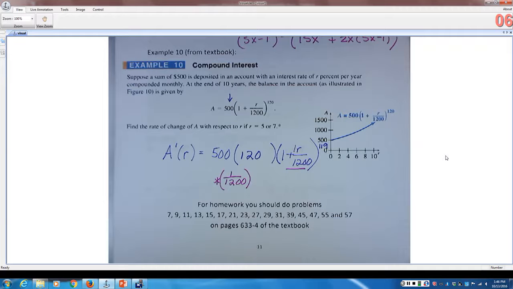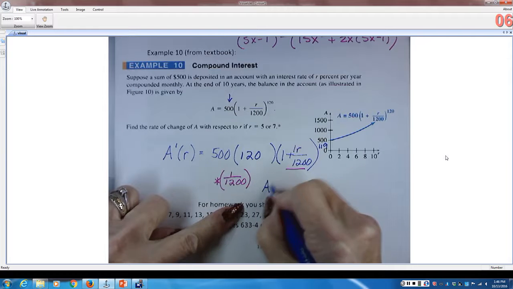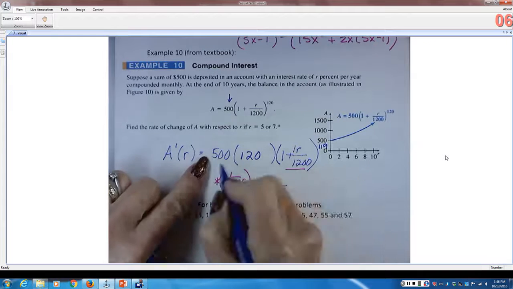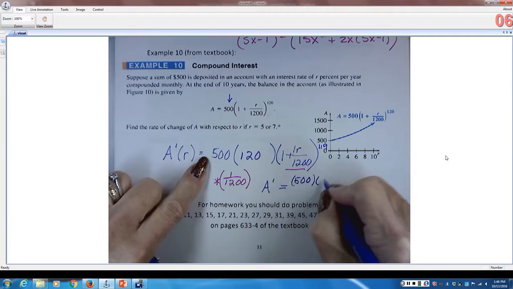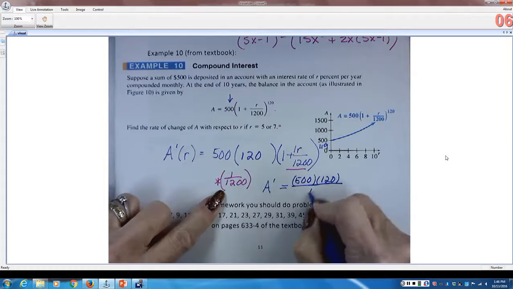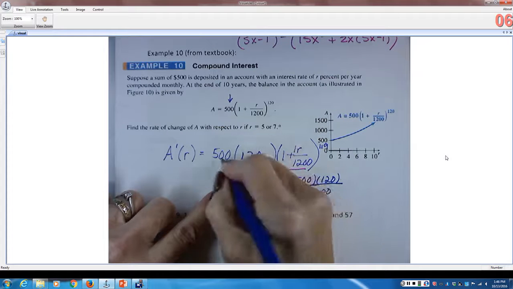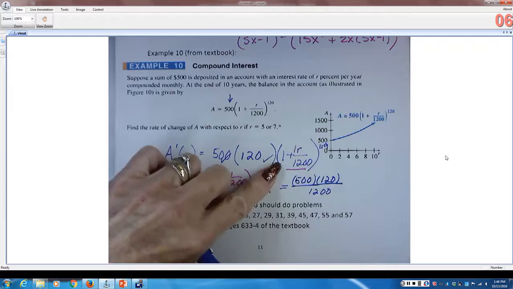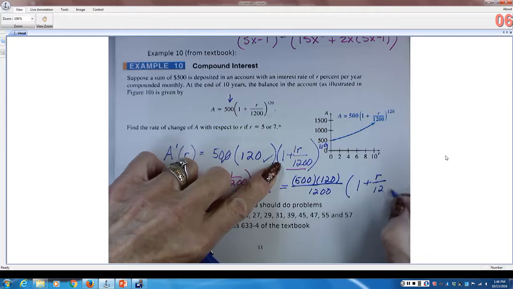And that derivative is going to be, let's see if we can get it all together here, 500 times 120 over 1200 for this part. So that took care of this, this, and this, all times (1 plus r over 1200) to the 119th power.